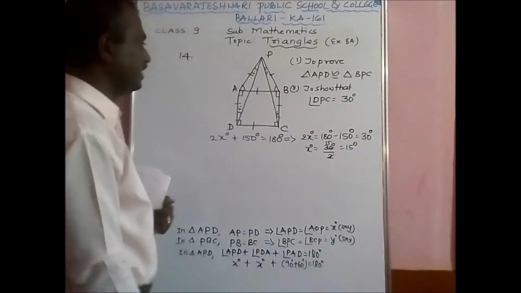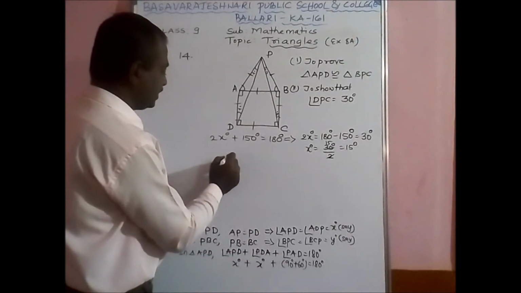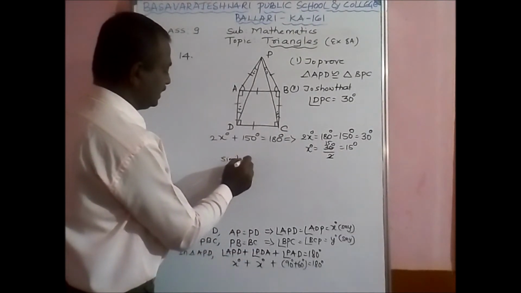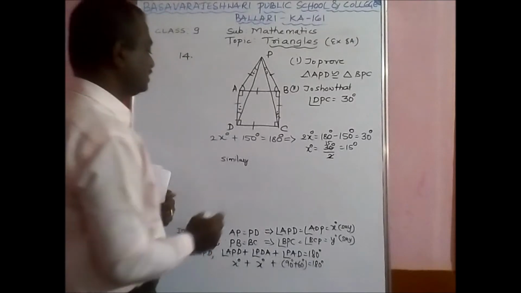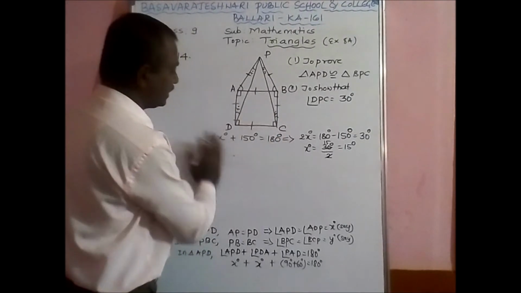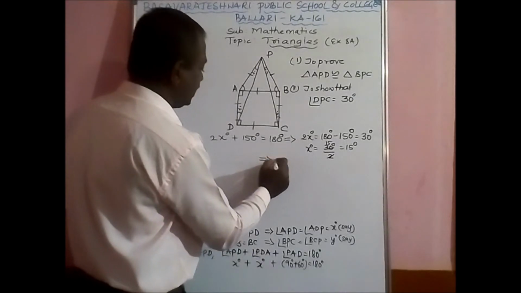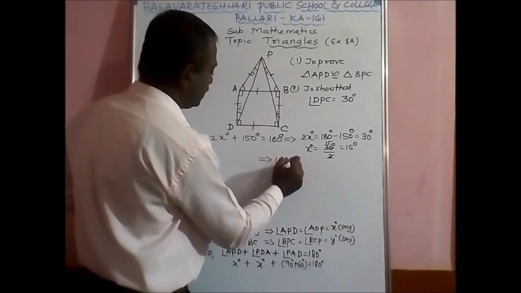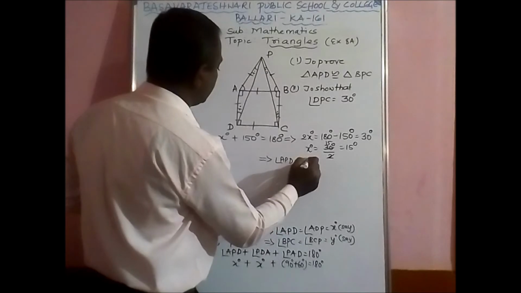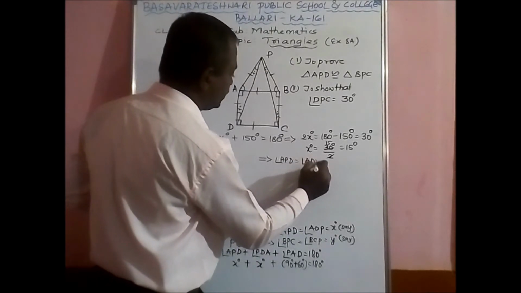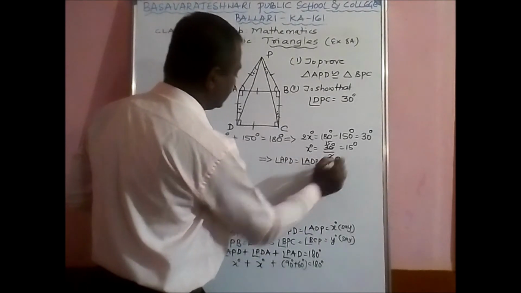So x value is 15 degrees. Similarly, we can say angle APD is equal to angle ADP is equal to 15 degrees.